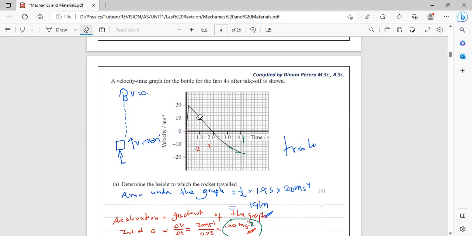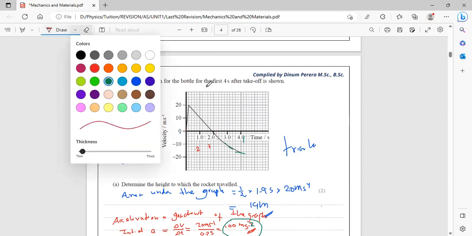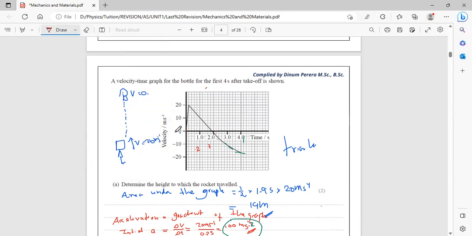So in this velocity time graph, during the first part of the graph, the velocity picks up from 0 to 20 within a small amount of time. So it's just 1 square here.